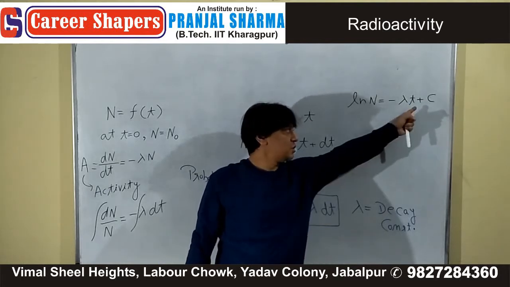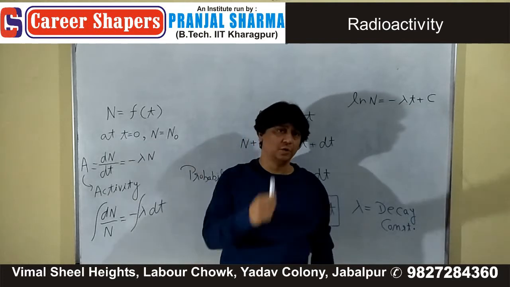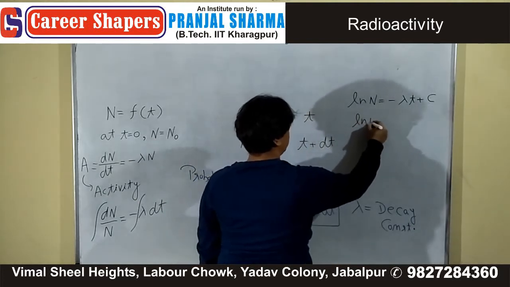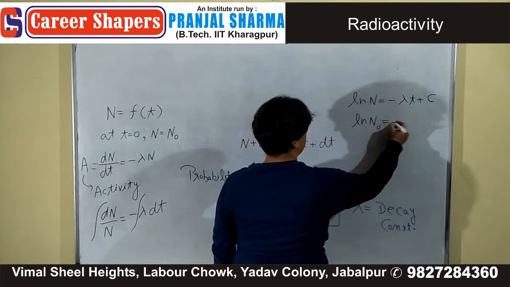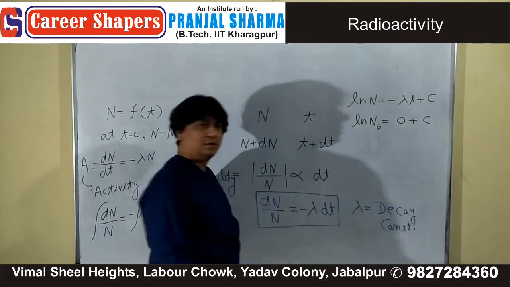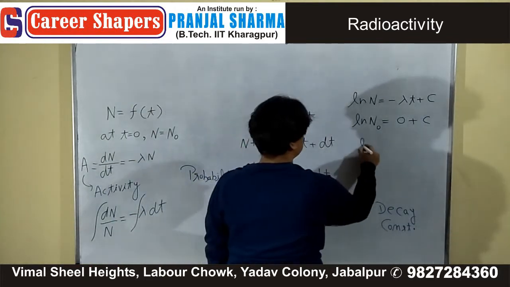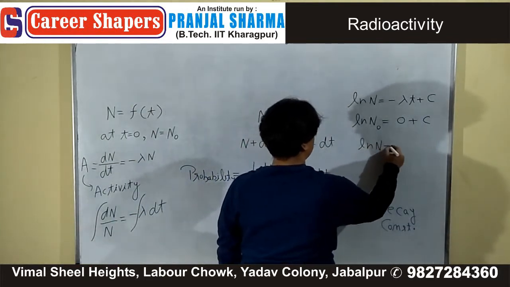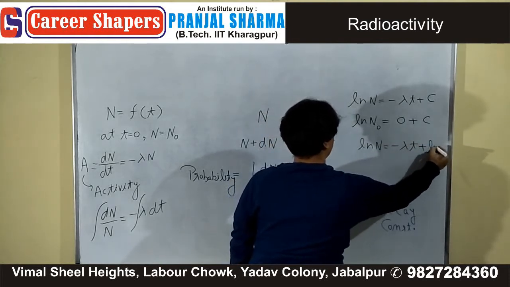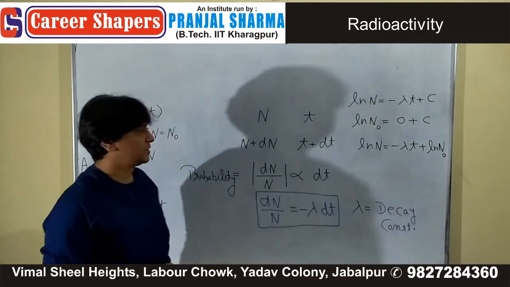How do you find this constant of integration? We have been given the information that at t equals 0, N is N naught. If you put this in, it becomes ln N naught equals 0 plus c. That's how you get the constant, which makes it ln N equals minus lambda t plus ln of N naught.